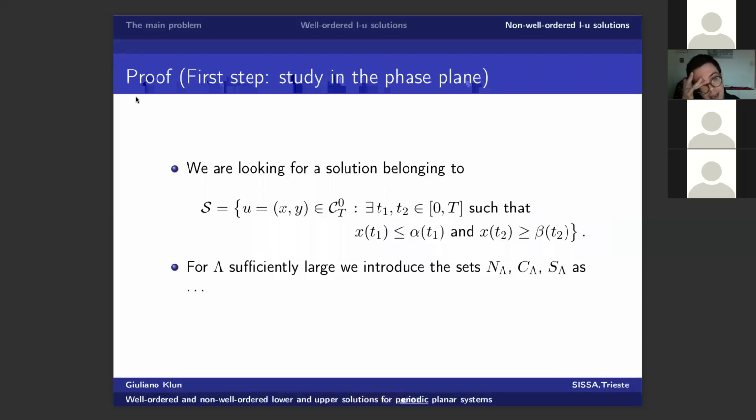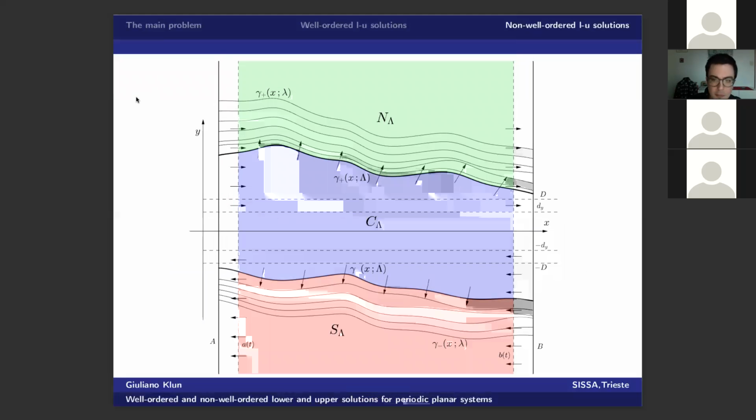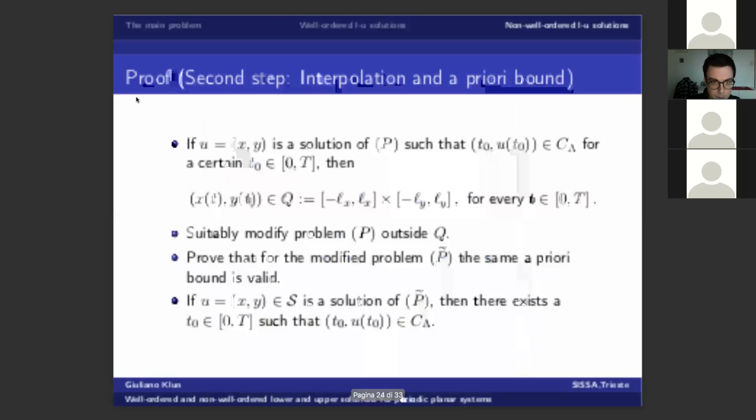So again, we can give an idea, a sketch of the proof. We are looking for solutions of the problem that remain bounded in this strip, and for lambda sufficiently large, as I have seen before, we can introduce the sets N lambda, C lambda, and S lambda as follows.